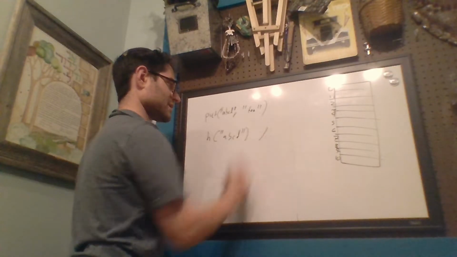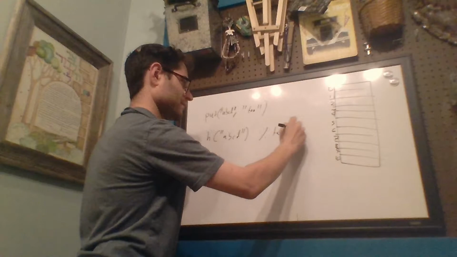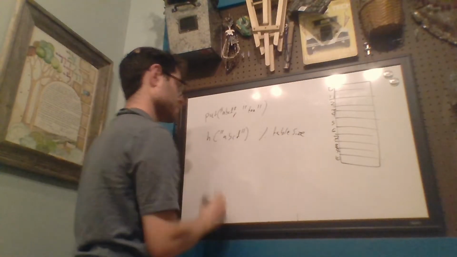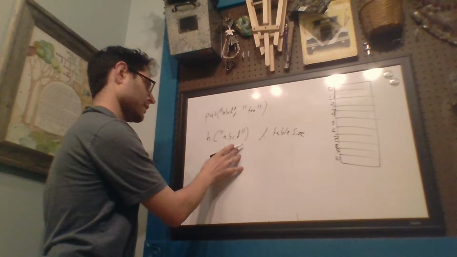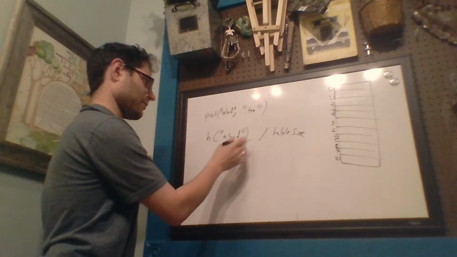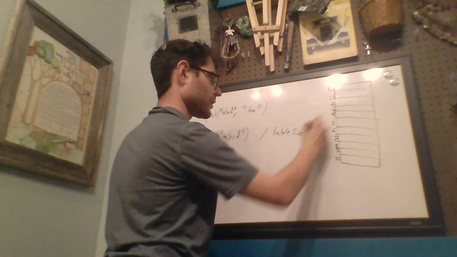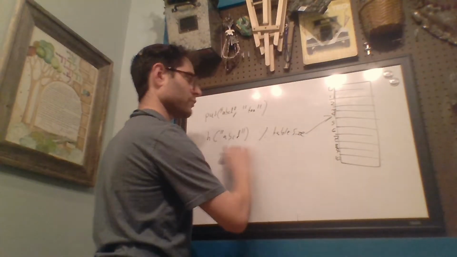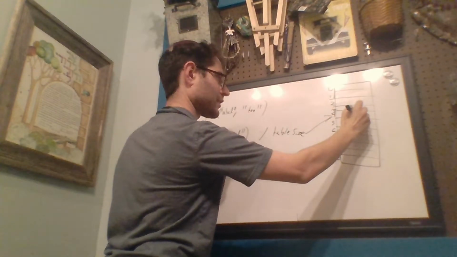So to make it fit, I'm just going to mod it by the table size. We mod it by 11, and let's say that the value it gets is 4. So we'll go ahead and put foo in index 4.